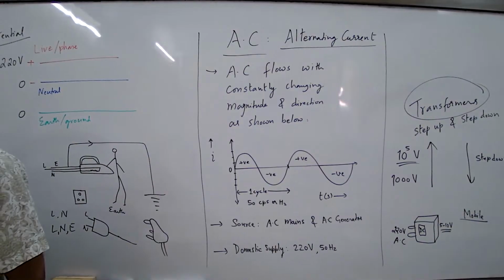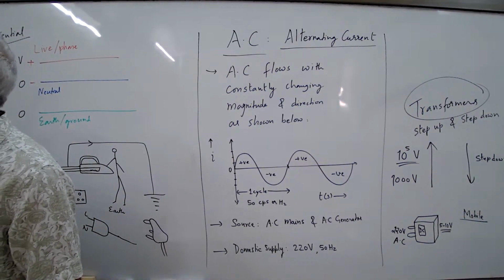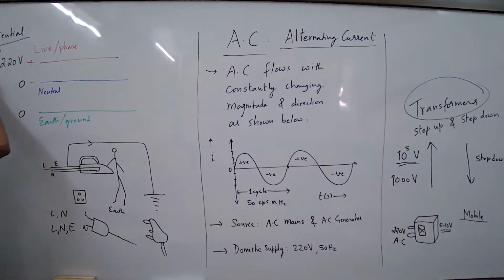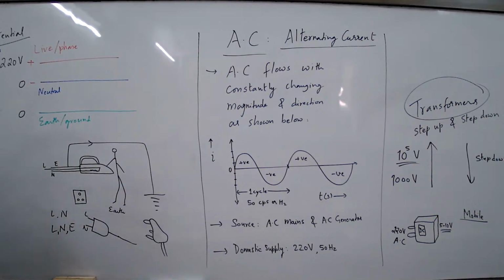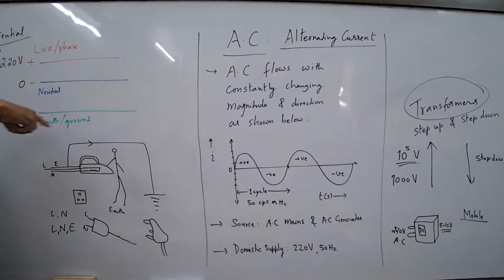You can see the diagram in your volumes. Collectively these are called line wires. The main circuit is this: live, device, and neutral. That's how the circuit is complete.